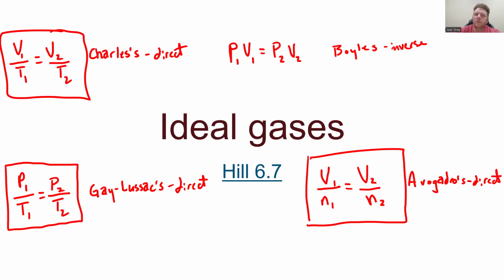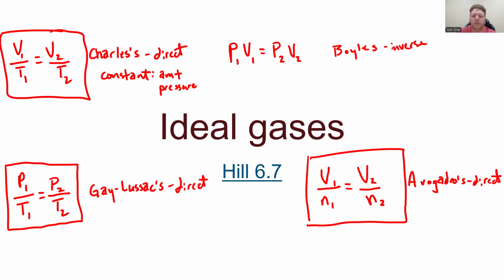Now, what is kind of omitted here is, if you look at, say, Charles's law, there are a couple of things that are held constant. This is true provided that the amount of the substance and the pressure are held constant. We have variables that we're not going to change in order for this relationship to be true.